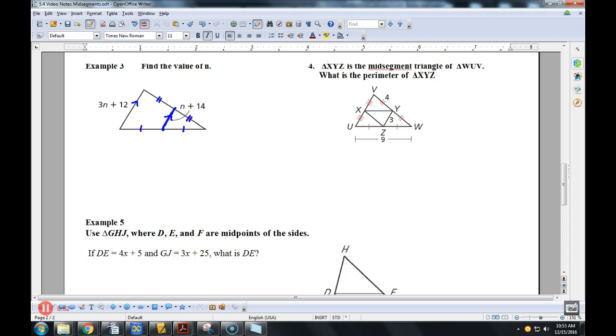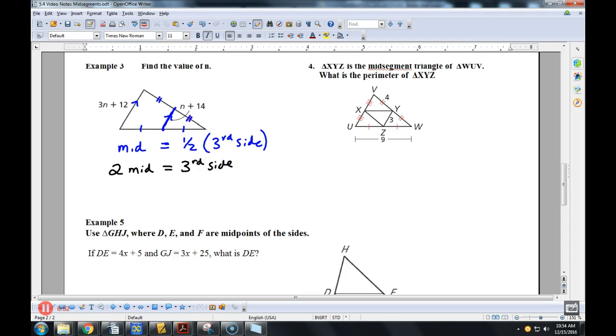So there's two ways to think about that. I could write that out and say the midsegment is half of the third side. But I'd rather not deal with fractions if I don't have to. So the same thing I could also say is that 2 midsegments equals the third side. All right?